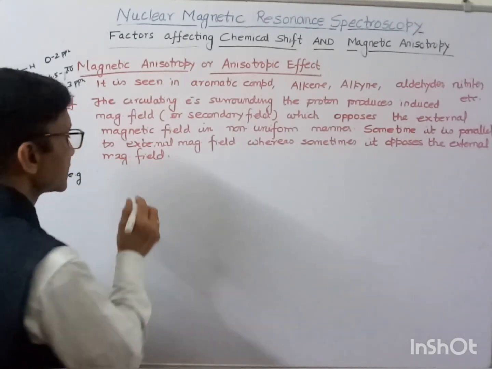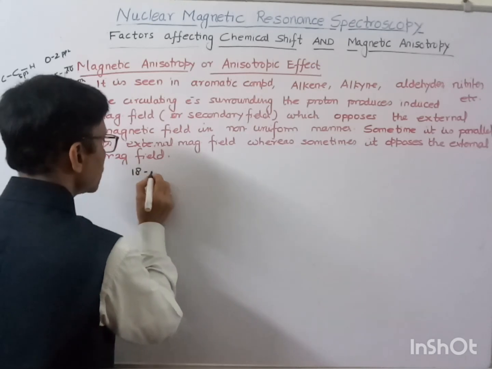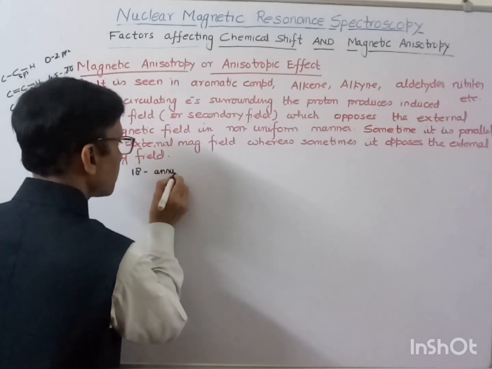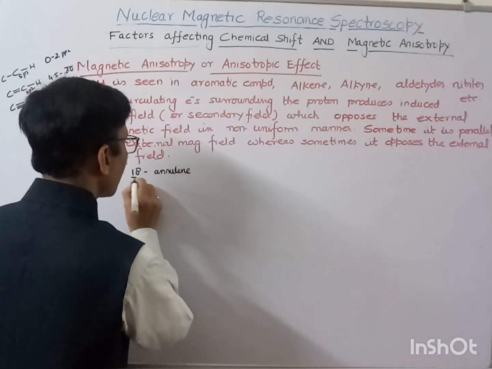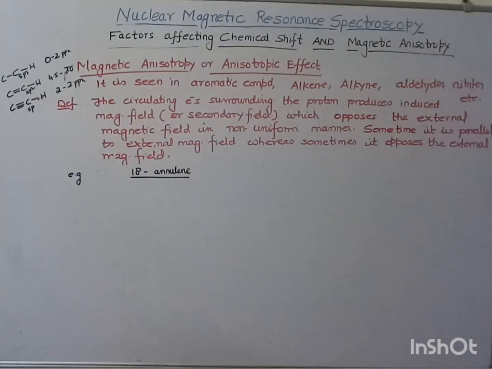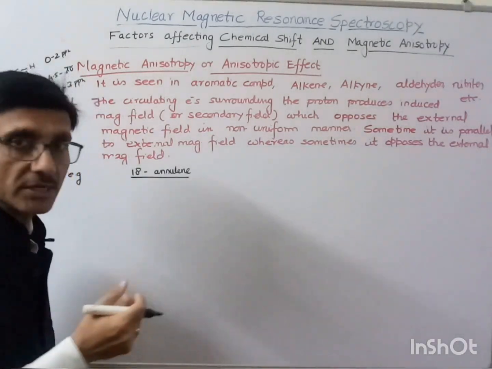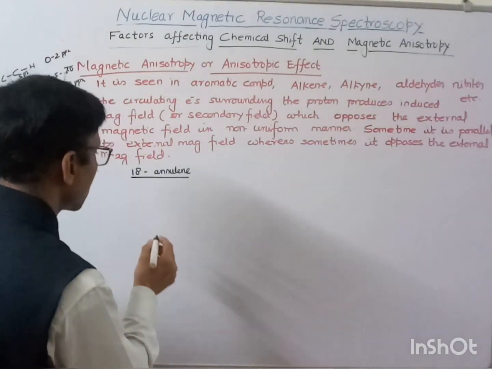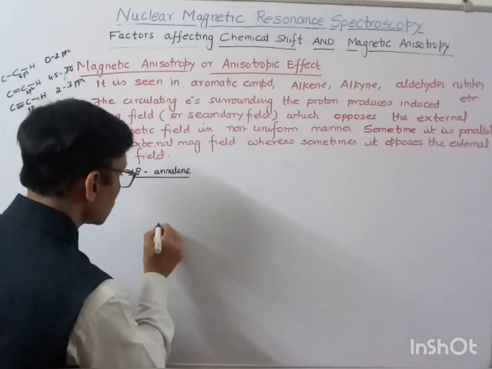If you see the example of the 18-annulene system, then some of the protons are quite shielded and some of the protons are quite de-shielded also.